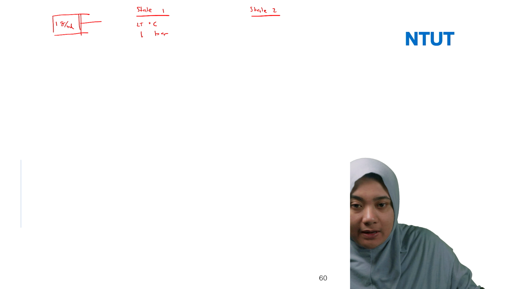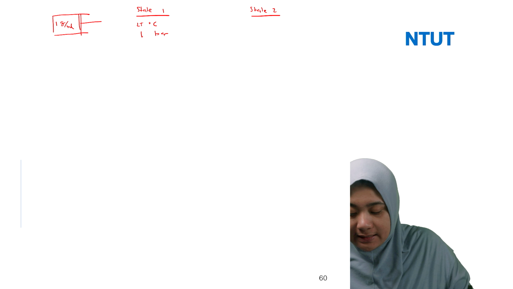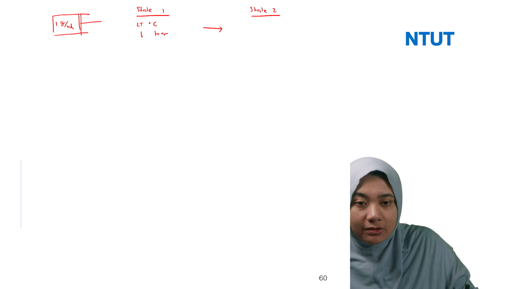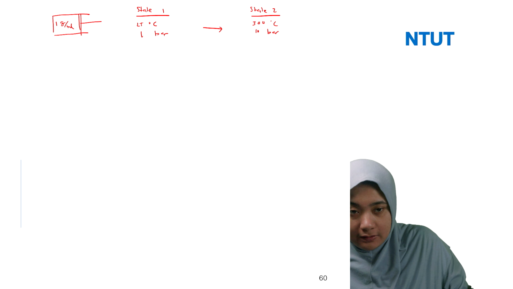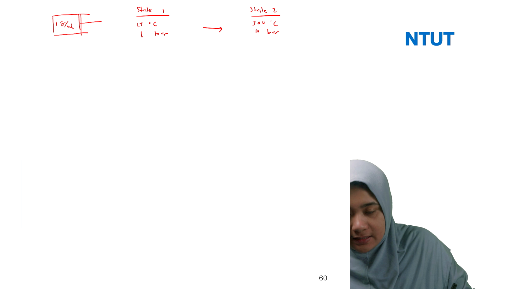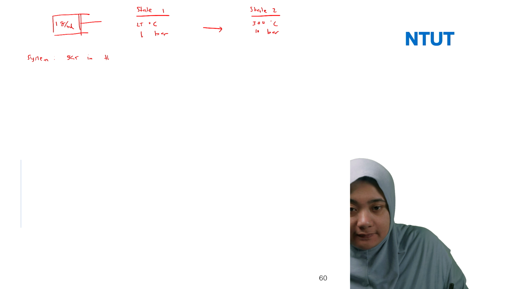So you have 25 degrees C at 1 bar, and the other is 300. You want to go to 300 degrees C, and then you have 10 bar. So what are we going to do with this? Remember that the system was the gas in the piston.